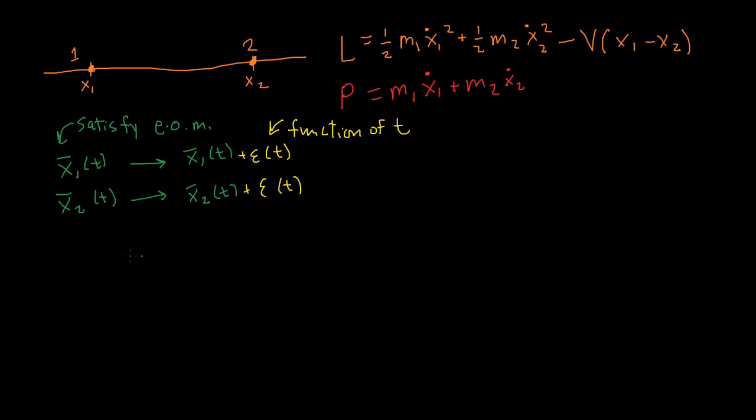Namely the one where epsilon sub 1 of t is equal to epsilon sub 2 of t, right? So in the Euler-Lagrange equation, we have no such equality. But here, our trick is that we're going to consider this specific variation. And what is this variation exactly?